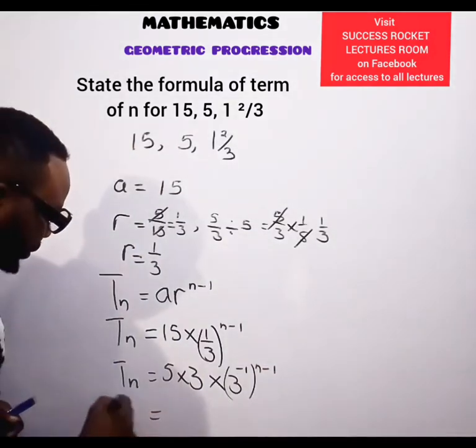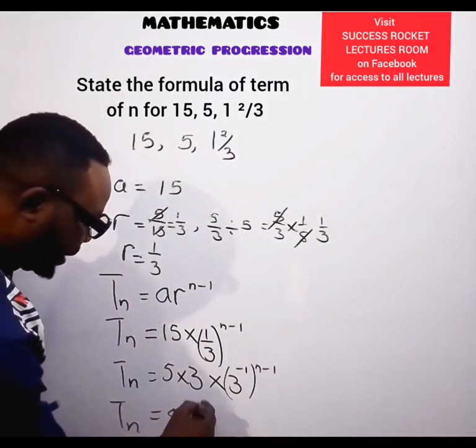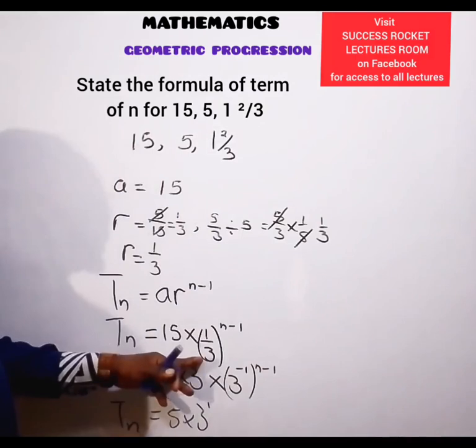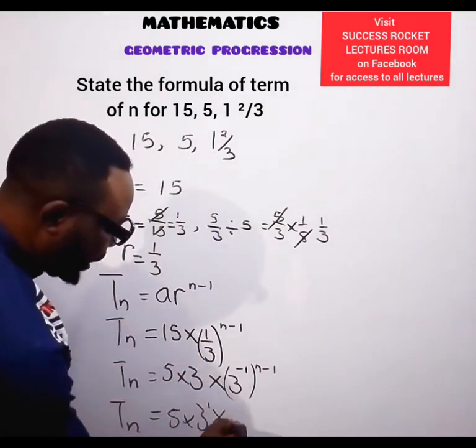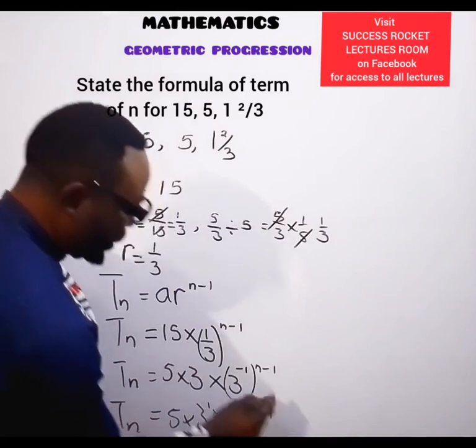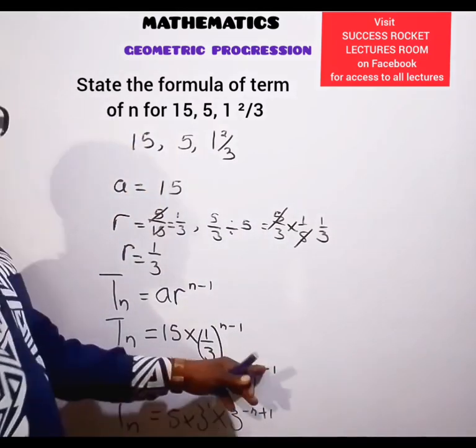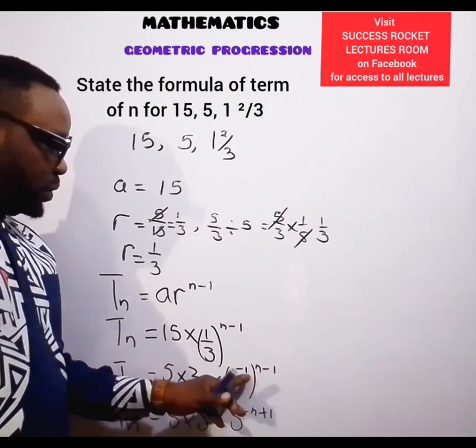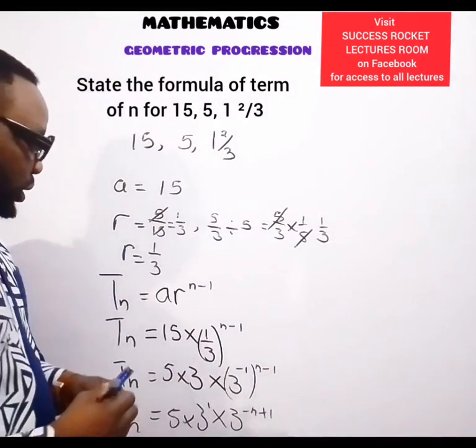So this becomes 5 multiplied by 3 raised to the power of 1, multiplied by 3 raised to the power of minus n plus 1. Minus 1 times n is minus n. Minus 1 times minus 1 is plus 1.